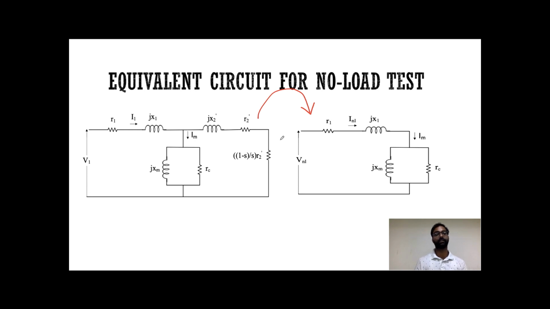As we are taking the slip value almost equal to 0, this resistance will be nearly equal to infinity, and as the resistance becomes infinity, it can be considered an open circuit. Since it is open, no current is flowing in this branch, and we can simplify this circuit into this model.